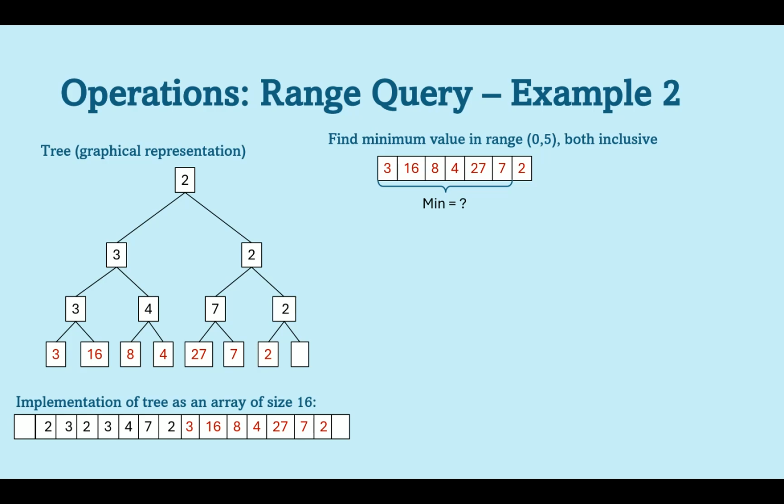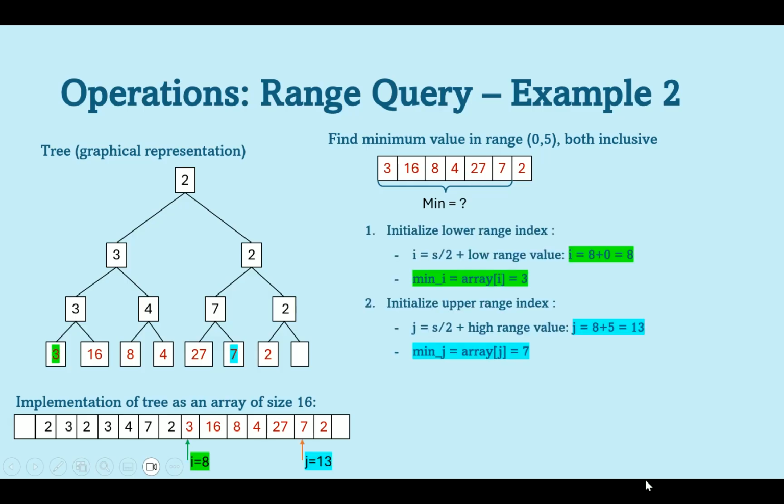Now another example: we're going to be finding the minimum value in between positions 0 and 5 of the array. Like the last one, we find the index i pointing at the value 3, which is in position 0 of the array, and index j pointing at value 7, which is position 5 of the array.